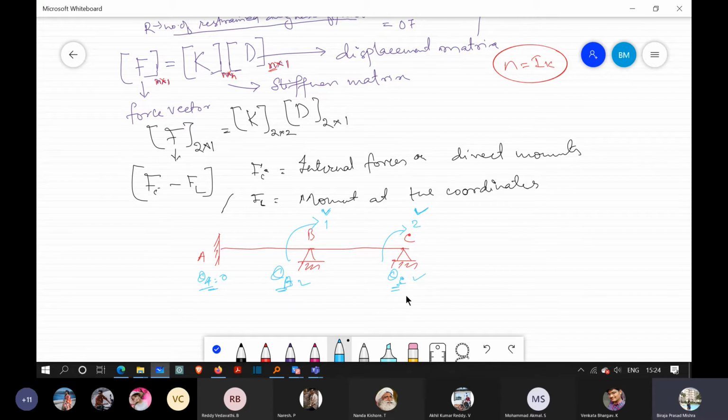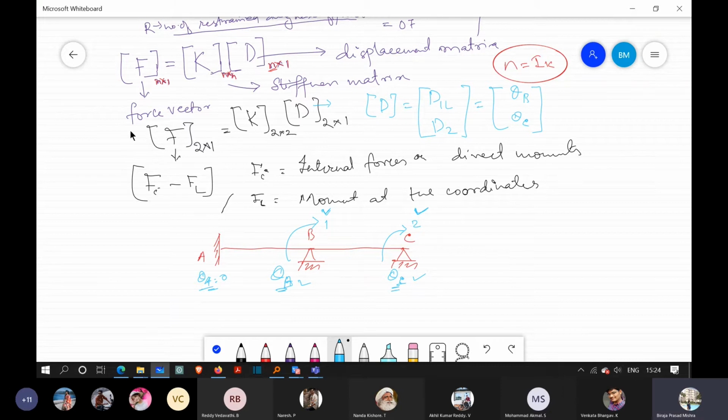So the displacement matrix D equals D1L, D2L, that will be theta B and theta C.